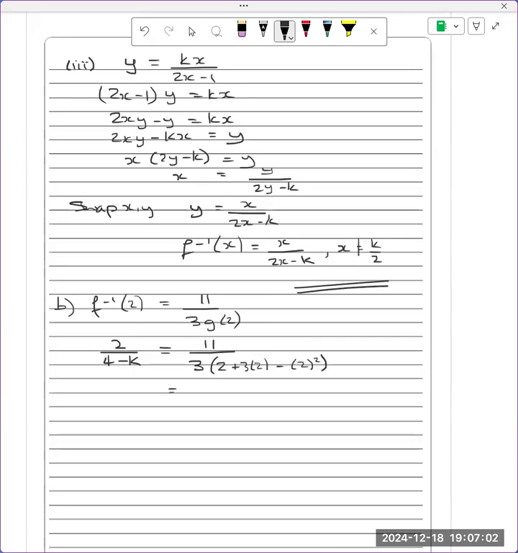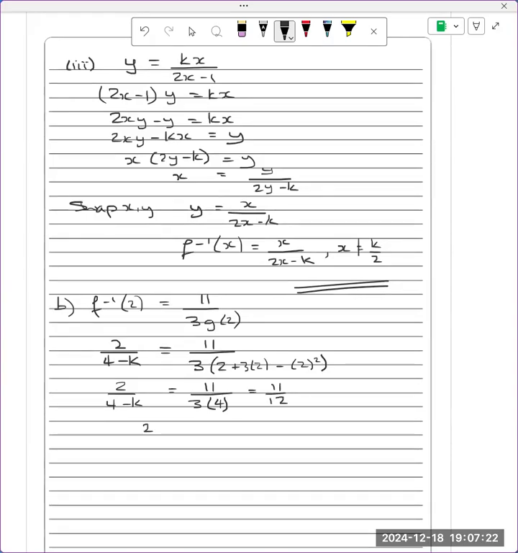So 2 over 4 minus k equals 11 over 3 times 2 plus 6 is 8 minus 4 is 4, which is therefore 11 over 12. Multiply out the fractions.